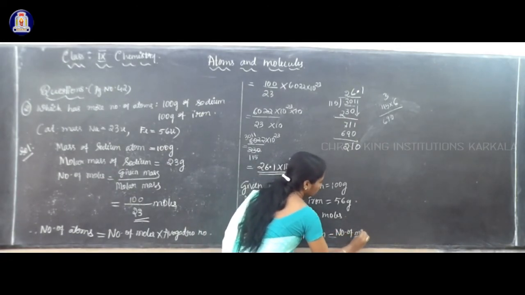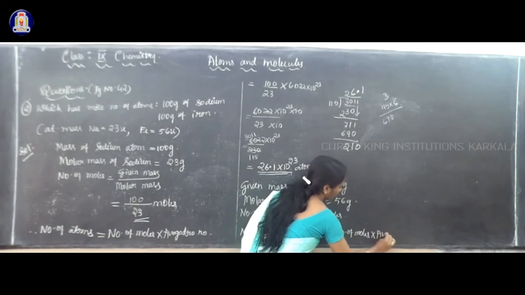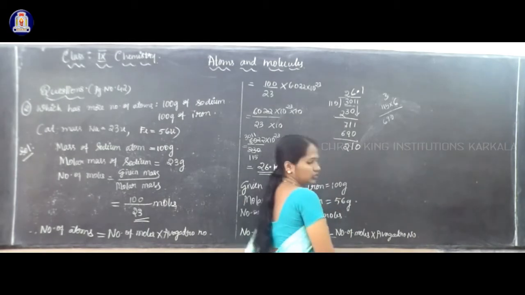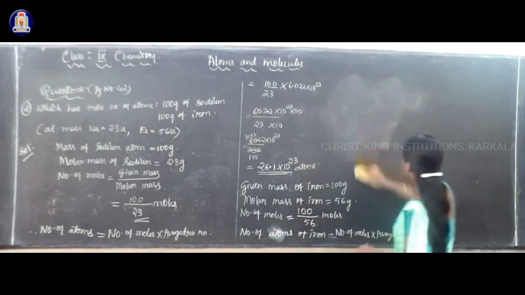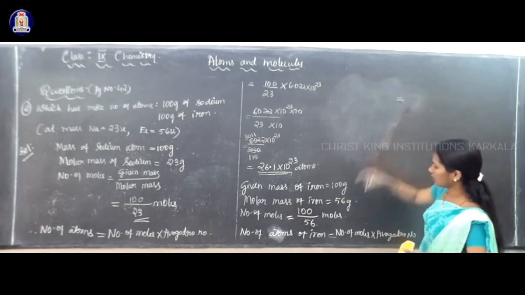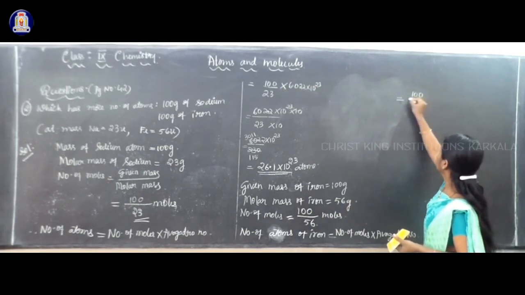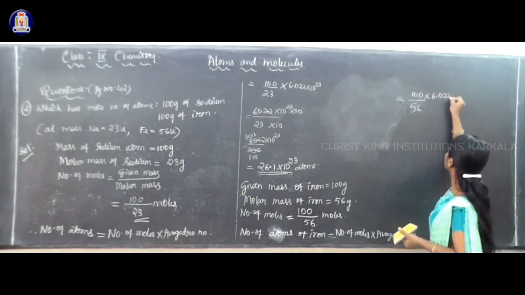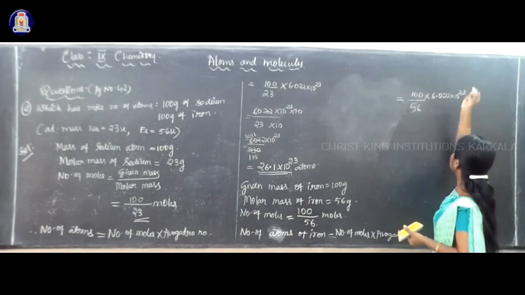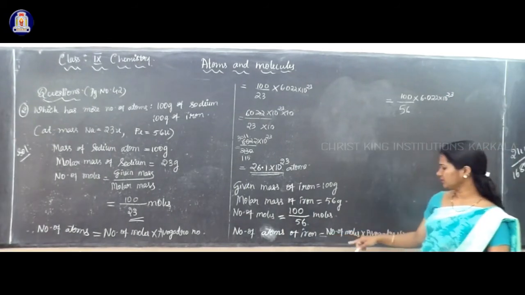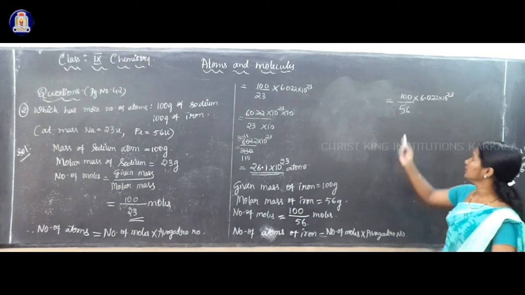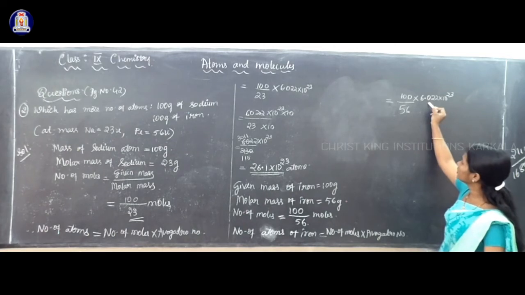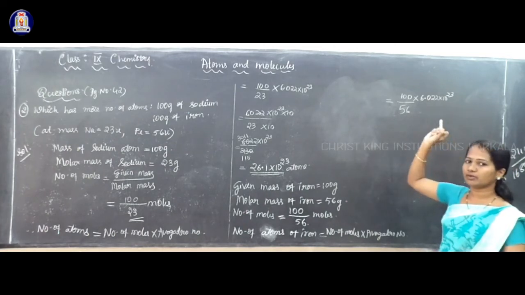Substitute: number of moles 100 divided by 56, Avogadro number 6.022 into 10 to the power 23. Number of moles, how much did we get here? 100 divided by 56 into Avogadro number 6.022 into 10 to the power 23.